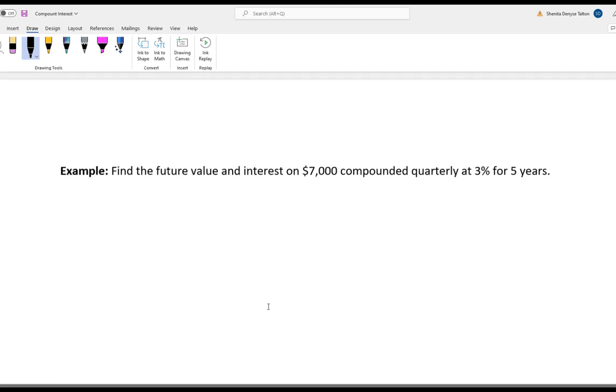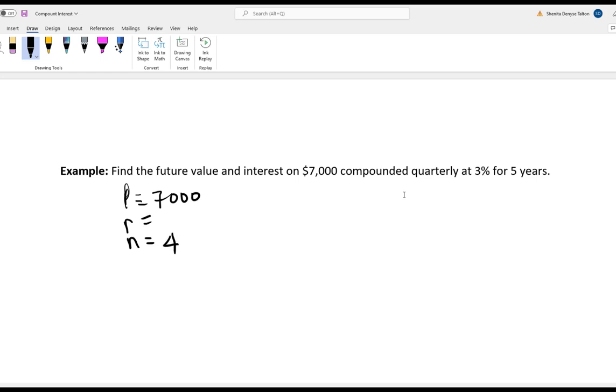Okay, let's look at another problem. We're going to find the future value and interest on $7,000 compounded quarterly at 3% for 5 years. So let's write out the information that was given to us. They told us that the principal amount is $7,000. They told you that it's compounded quarterly, so it's compounded 4 times a year, at a rate of 0.03. The time is 5 years.